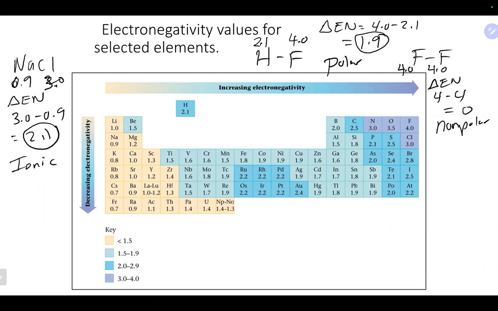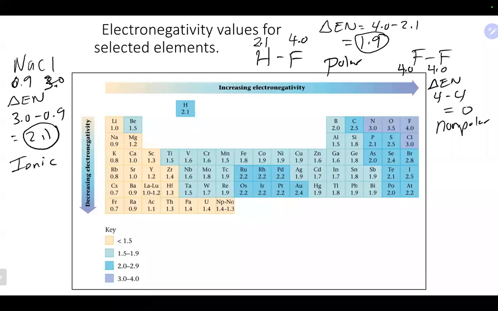By the way, when you do get a difference of 0 in terms of electronegativity, that is what I was talking about earlier, it is considered a pure covalent bond. That's like your perfect equal sharing of electrons. Why is that perfect equal sharing versus something that has a difference of 0.4? 0.4 is still considered nonpolar, and is still considered equal sharing of electrons.